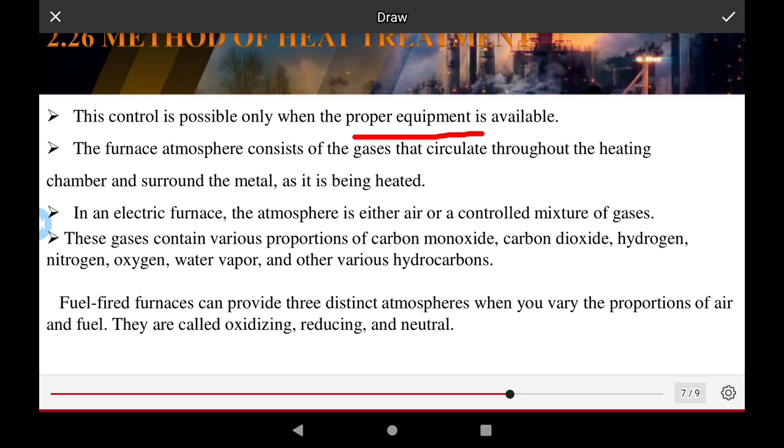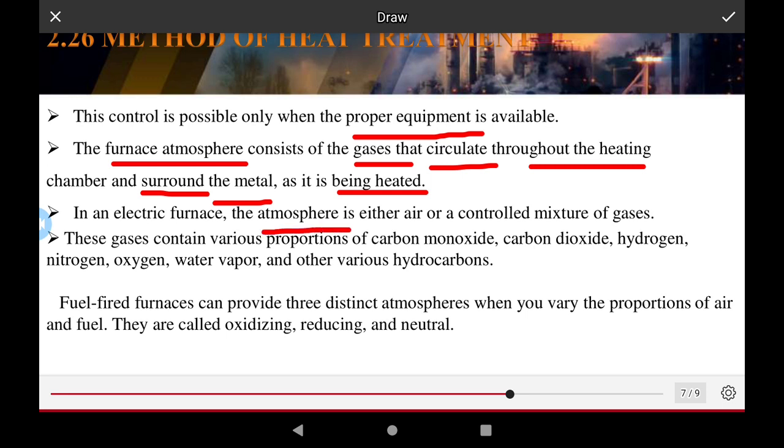The furnace atmosphere consists of the gases that circulate throughout the heating chamber and around the metal as it is being heated. In an electric furnace, the atmosphere is either air or a mixture of gases.